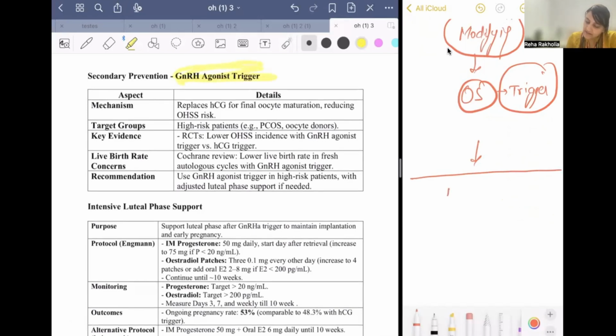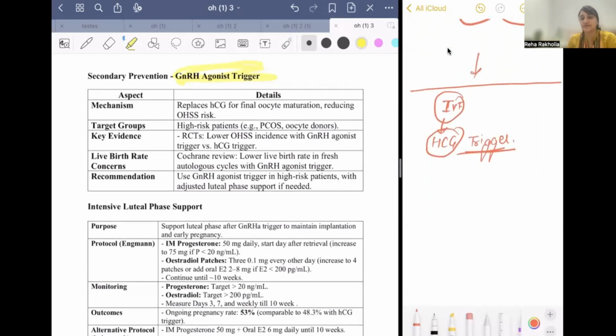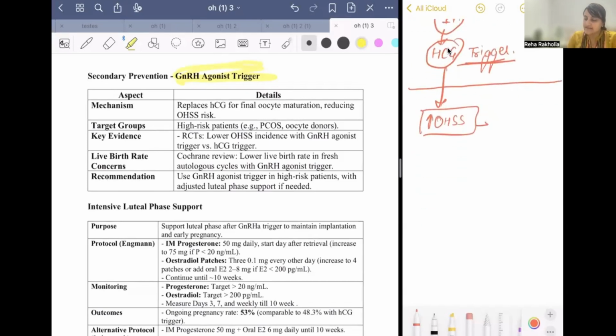See, in standard IVF protocol, HCG is often used as trigger for final oocyte maturation before egg retrieval. However, HCG has been linked to increase in the OHSS risk because it has a prolonged half-life and can lead to excessive luteal phase stimulation.